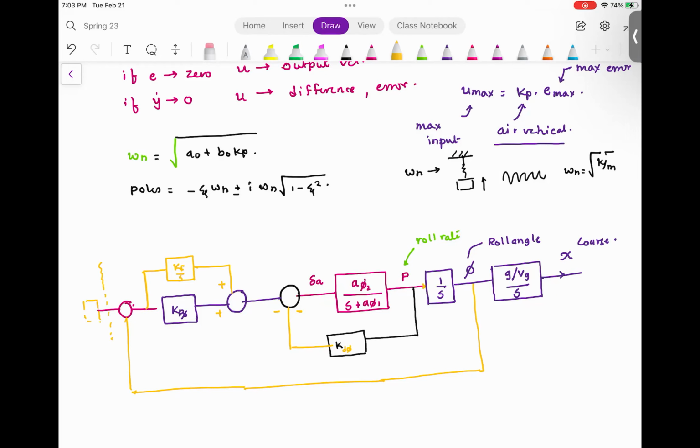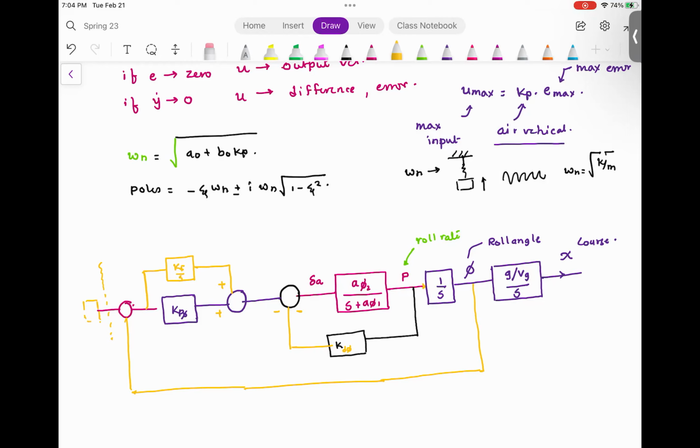Now the next thing is, if the wind velocity changes, then as you can see, the value of Vg is going to change. That would change the actual course angle, but that will get fed back. There is another loop that I will show you that will get fed back into the first original loop, and then the aircraft would correct itself.